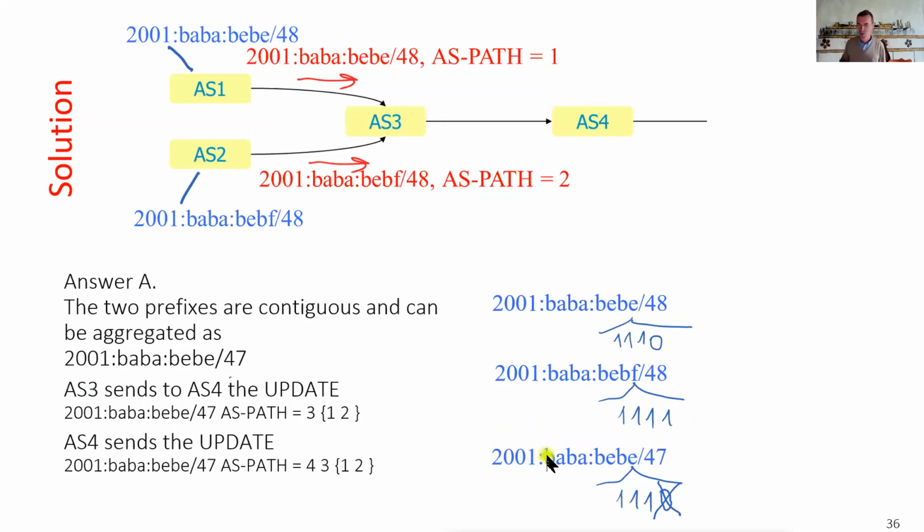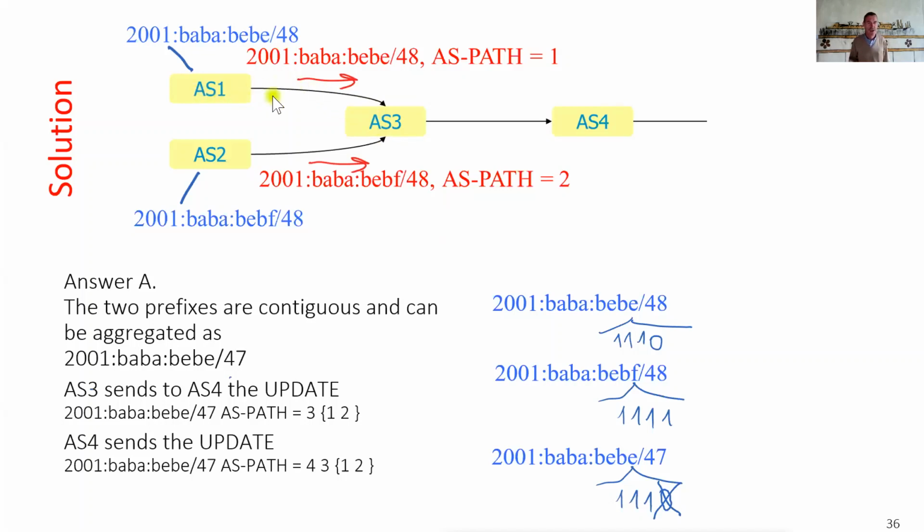I can call it by the E version, I could call it by the F version. It doesn't matter, because if I do the /47, I forget about the difference between E and F. So yes, it is possible to aggregate, and AS3 in principle should aggregate, and therefore should send to AS4 this common prefix here. However, there is still a catch here.